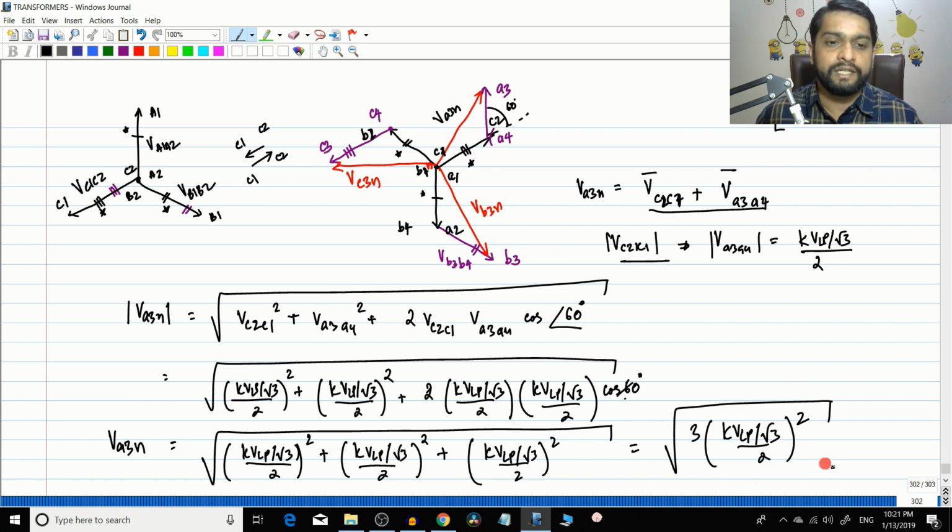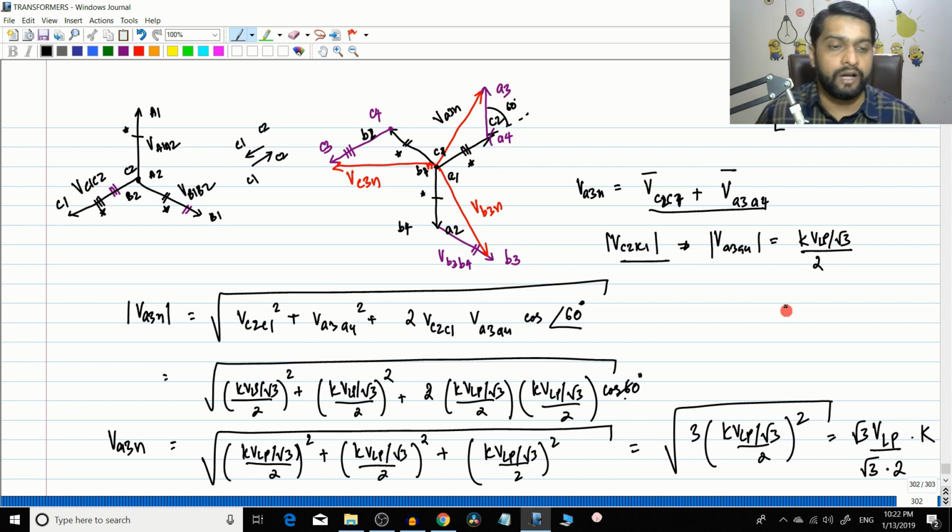We can do a little bit of further simplification. Finally we get root 3 for this 3 here, and since this entire term is under the square root, it will just come out. So this will be root 3 into VLP divided by root 3 into 2 into K.